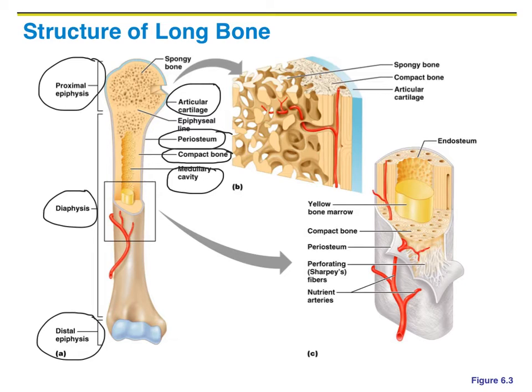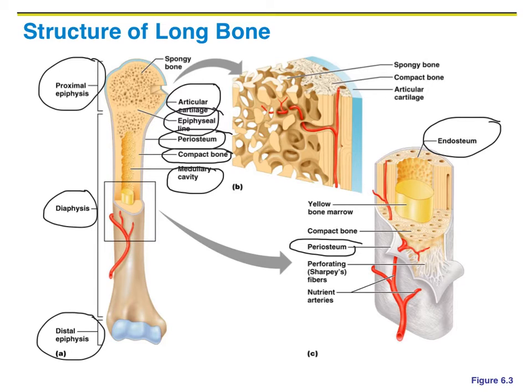The separation between the epiphyses and the diaphysis is referred to as the epiphyseal line. We can also see the periosteum, or the dense connective tissue, on the outer layer in this view. Connective tissue that lines the medullary cavity is referred to as endosteum.